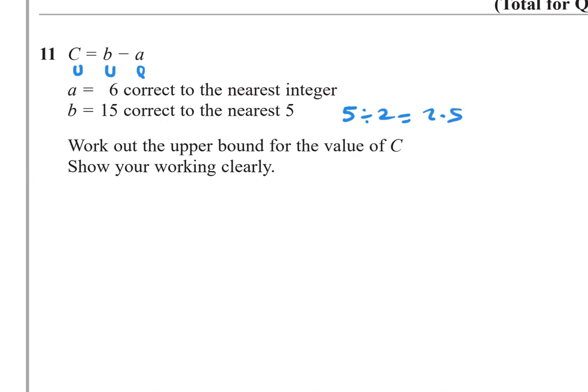To find the upper, add 15 plus 2.5, so 17.5, minus. To find A lower, A is correct to the nearest integer, so this means 1 divided by 2, 0.5. Now to find the lower, subtract 6 minus 0.5, so 5.5, equals 12.